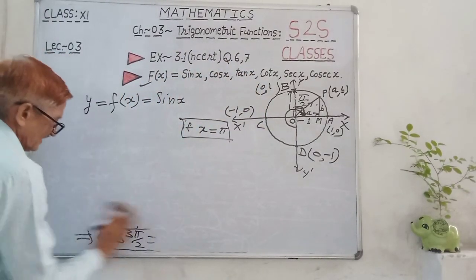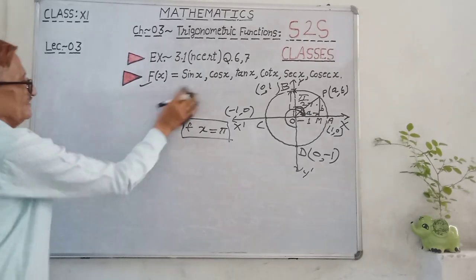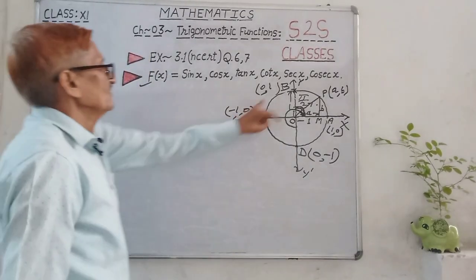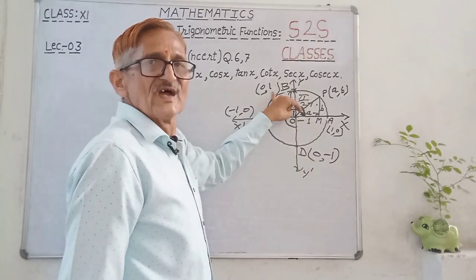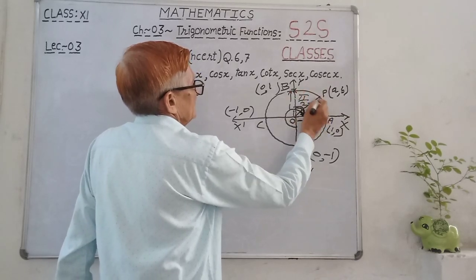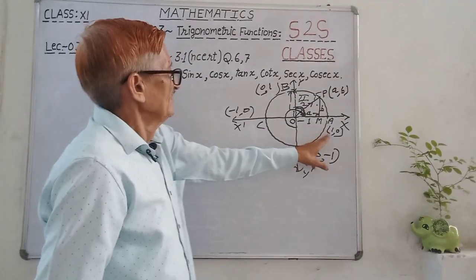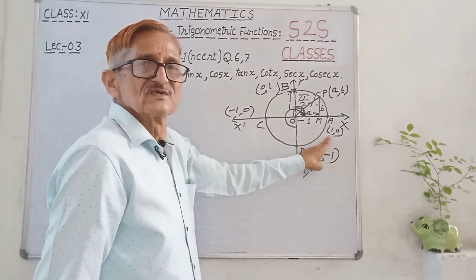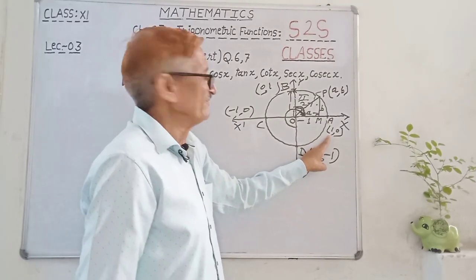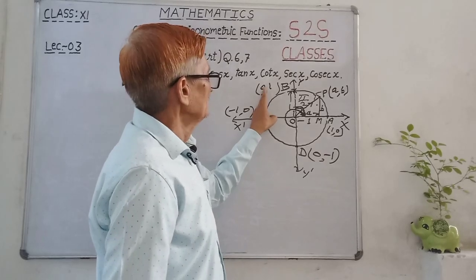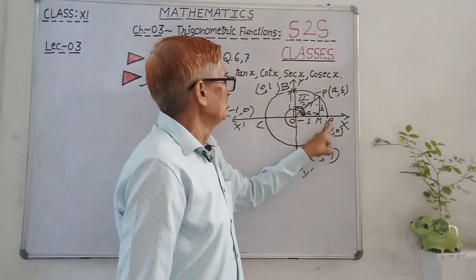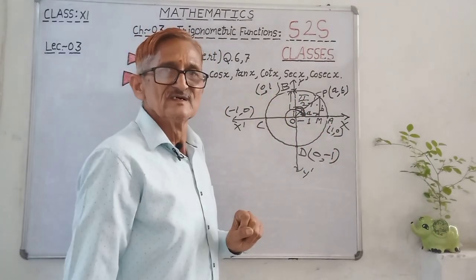If you see here, the first coordinate represents cos theta and the y coordinate represents sin theta. So now you see from 0 degree to 90 degree, cos x starts from 1. If x is 0 then it is 1, and it reduces to 0. So cos value, when the angle is increasing from 0 to 90, is going to decrease from 1 to 0. Clear?